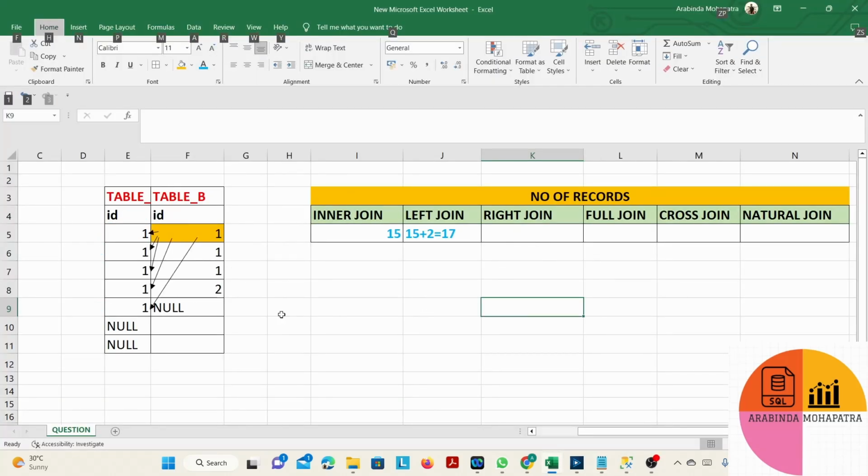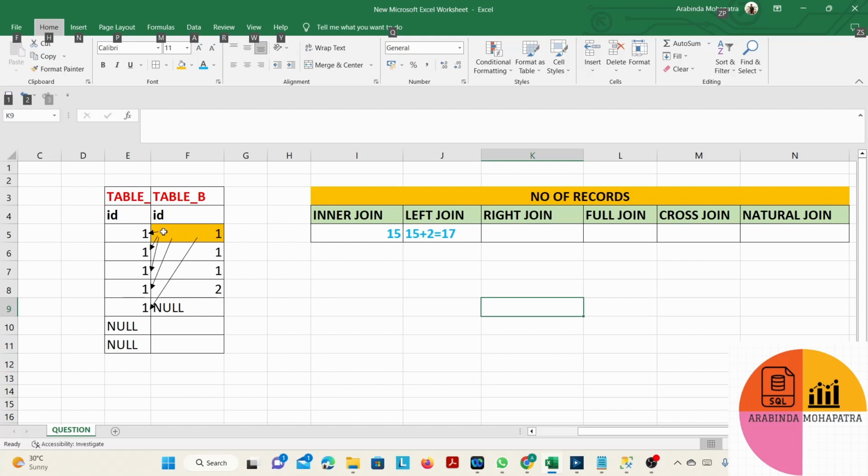Now let's jump into the right outer join. In SQL Server, right join and right outer join are similar to each other and work in the same fashion. A right outer join is basically an inner join plus the additional records that are not present in the left side table. Here the right side table is table_B, and the first record is 1.